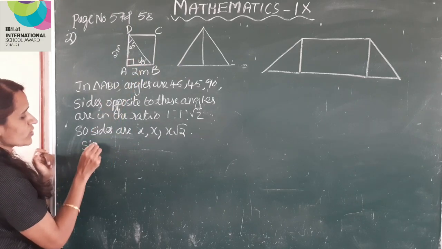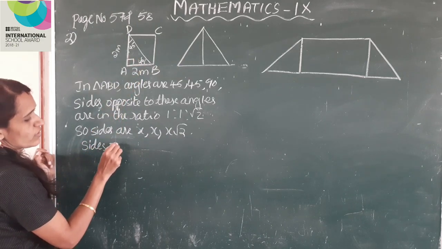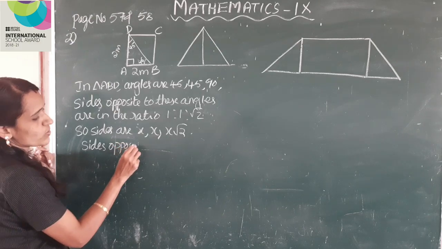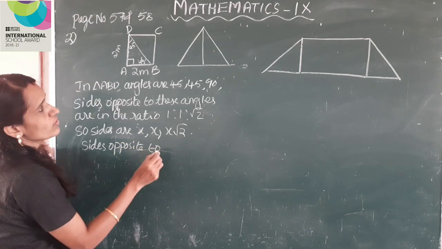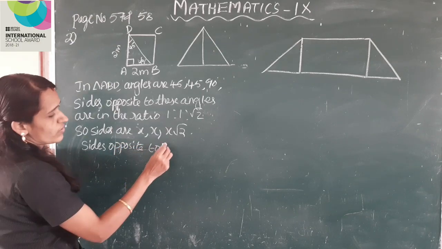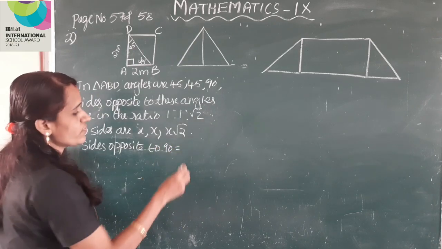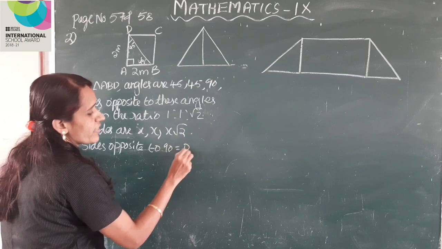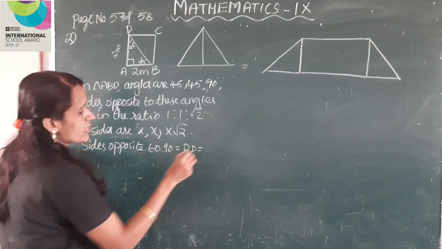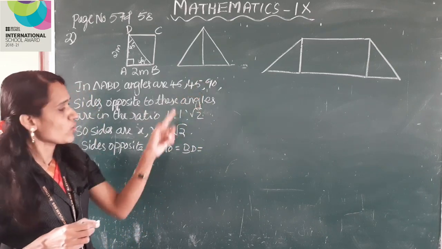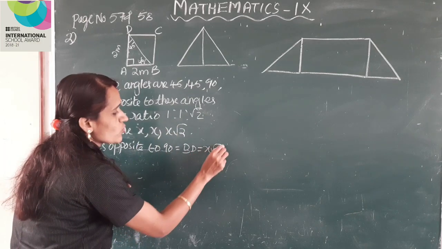Okay. So, here the side opposite to angle 90 degree, BD, is x root 2.